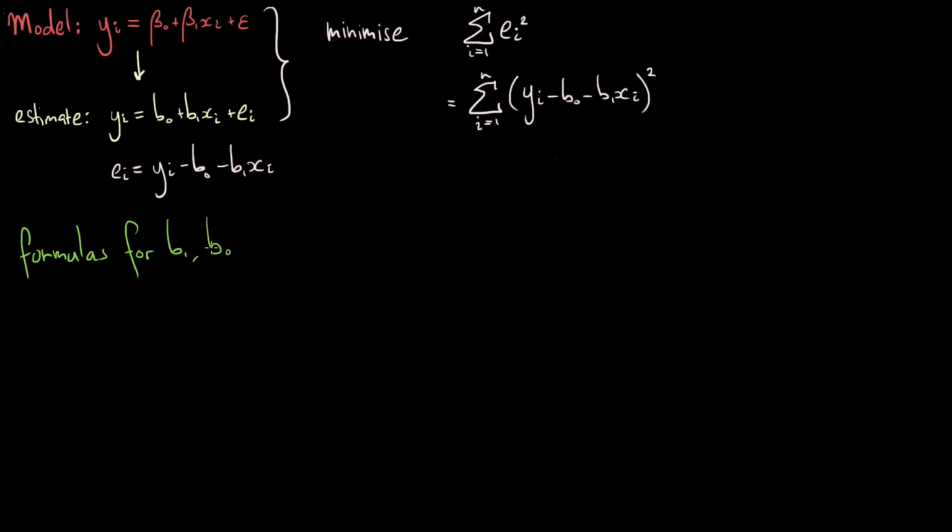Let's write these out and look at what these are. The formula for b1, when we solve this minimization problem, is b1 equal to the sum over all of our observations from i equals 1 to n of xi minus x bar, which is the sample mean of x, times yi minus y bar, divided by the sum, again over all our observations from i equals 1 to n, of xi minus x bar all squared.